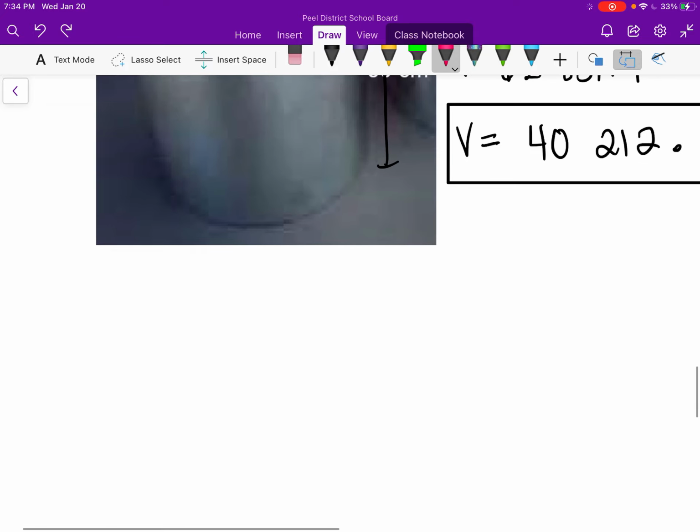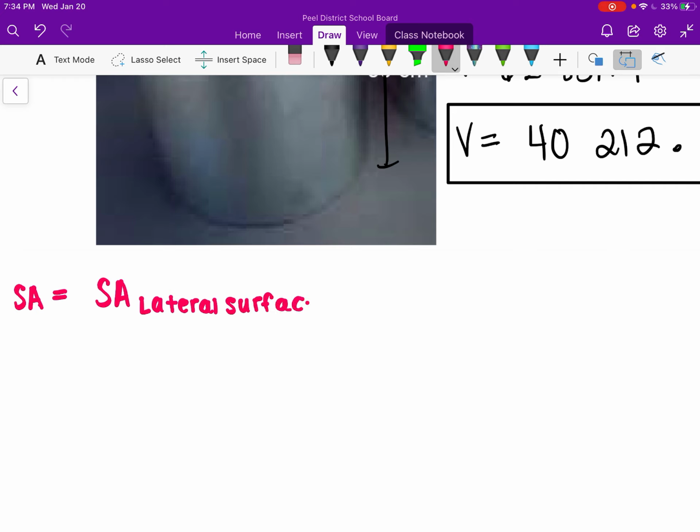So I'm going to say, all right, surface area is equal to the surface area of the lateral surface outside, or big. So I'm going to say big, right? Plus the surface area of the lateral surface inside, right?